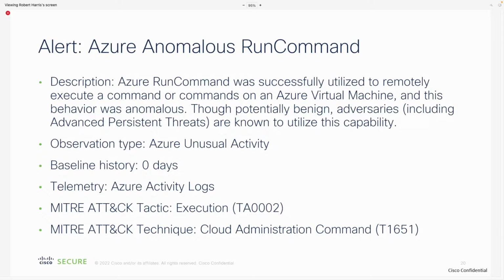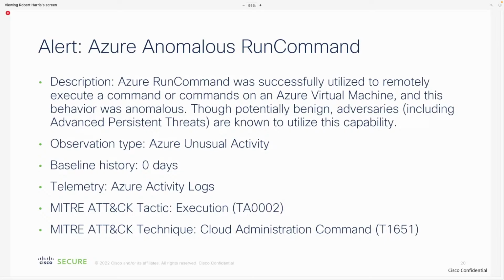Of course, there are legitimate purposes for using the Azure run command. But again, we are seeing this very commonly used by threat actors, especially APT groups, gaining access to an Azure environment and then executing scripts by using the Azure run command. Our observation type for this, think of that again as the notable activity that we saw, we call Azure unusual activity.